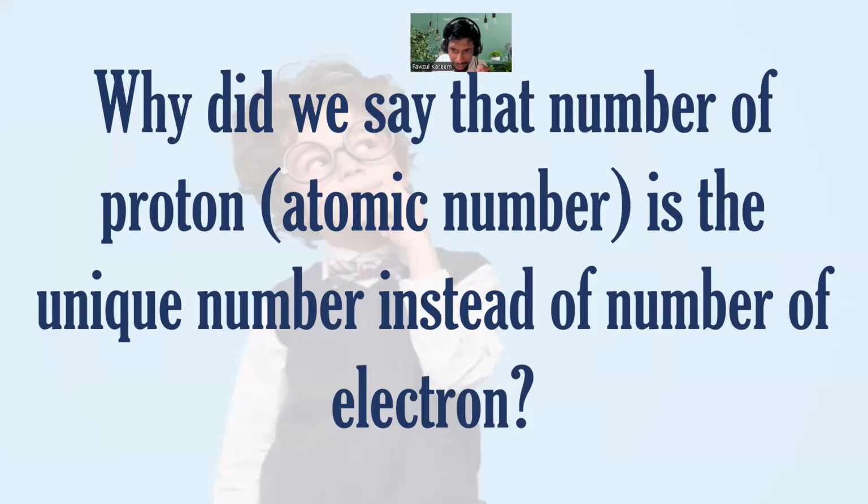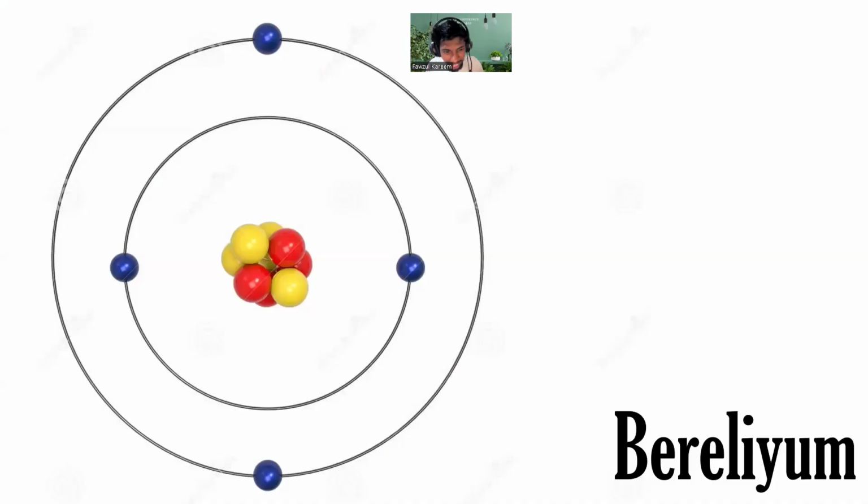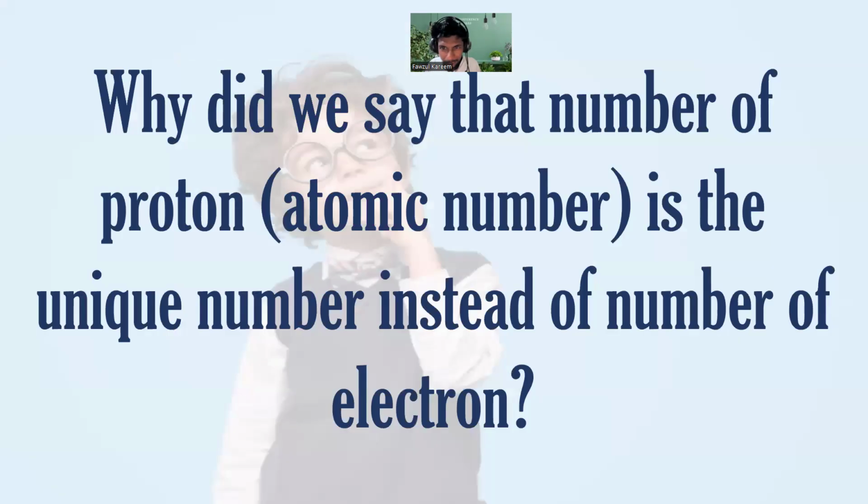I didn't say that the number of electrons is a unique character. Am I right? I said only the number of protons is a unique number, even though the number of protons and electrons are the same.